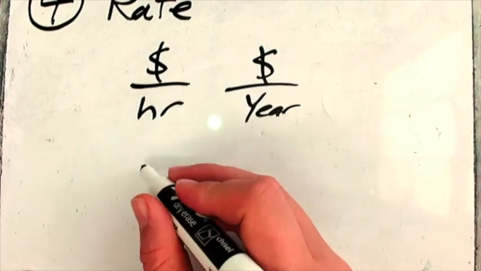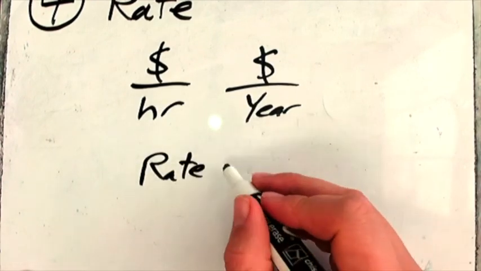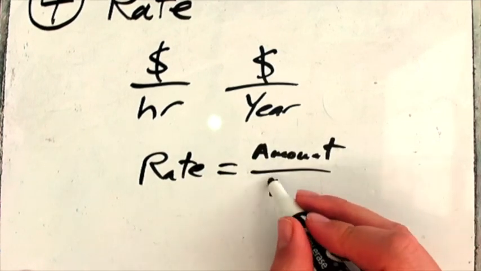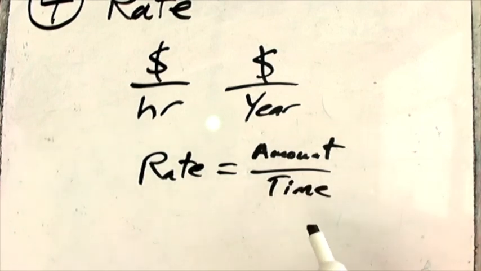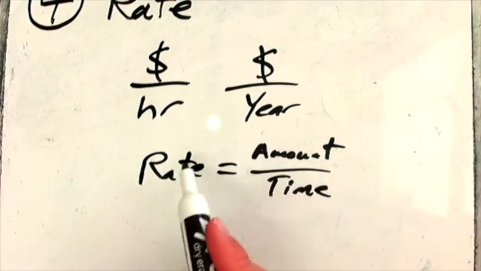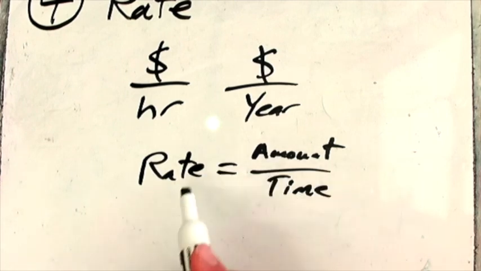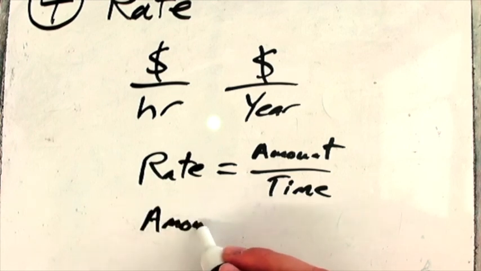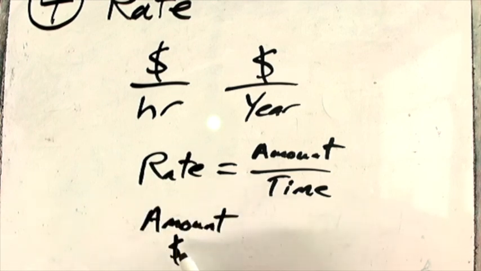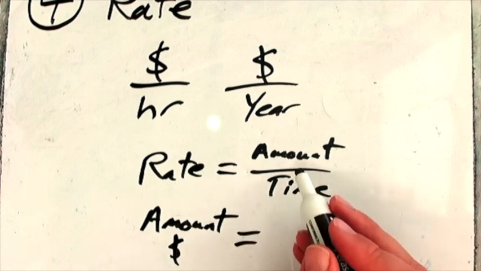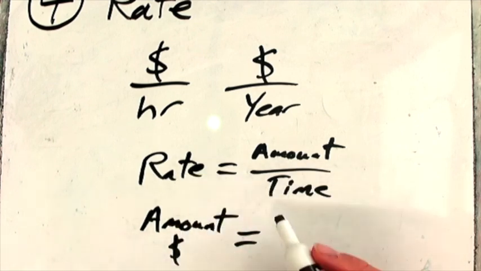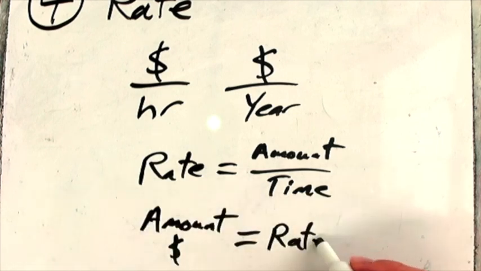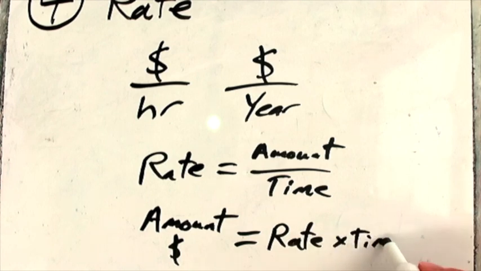So what does that mean? Well, a rate is an amount divided by a time. And so all of these questions are going to be kind of connected to this. So how do I also reorganize this? Well, if I have an amount, in this case of money, and I need to calculate that amount, I'm going to move this time up, so I'm actually going to have the rate times the time.